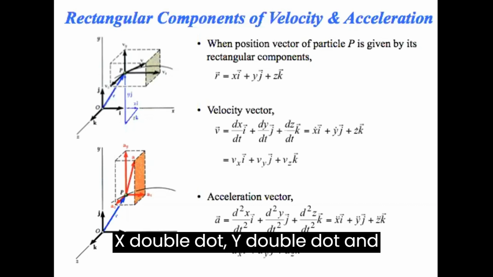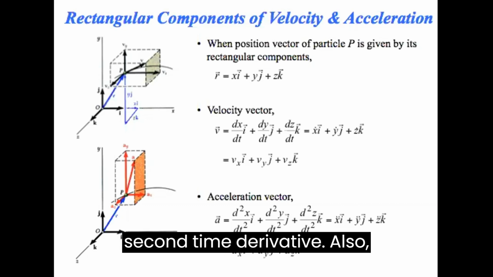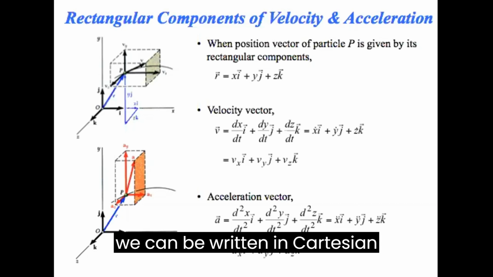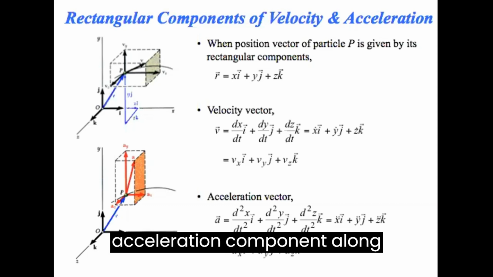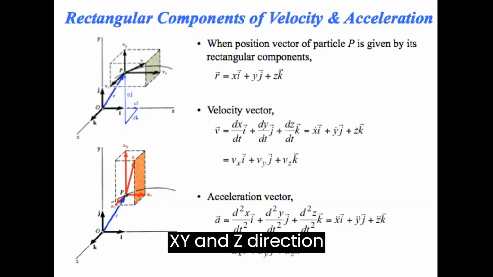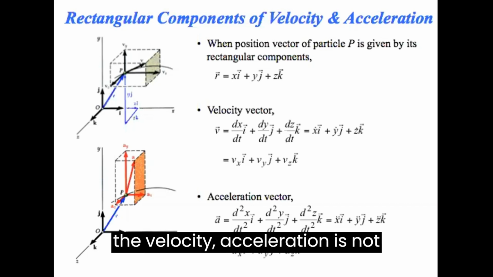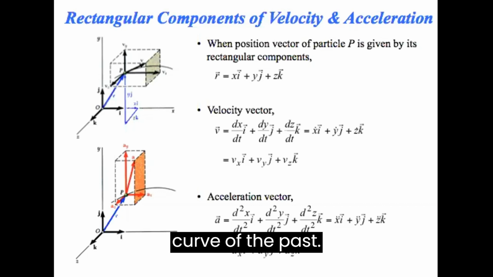Generally, x double dot, y double dot, and z double dot are the notation for second time derivative. Also, it can be written in Cartesian form as ax i plus ay j plus az k, where ax, ay, and az are the acceleration components along the x, y, and z direction respectively. Unlike the velocity, acceleration is not tangent or perpendicular to the curve of the path.